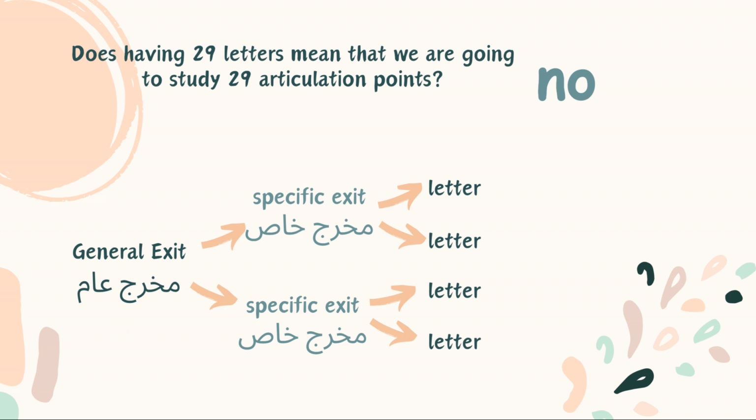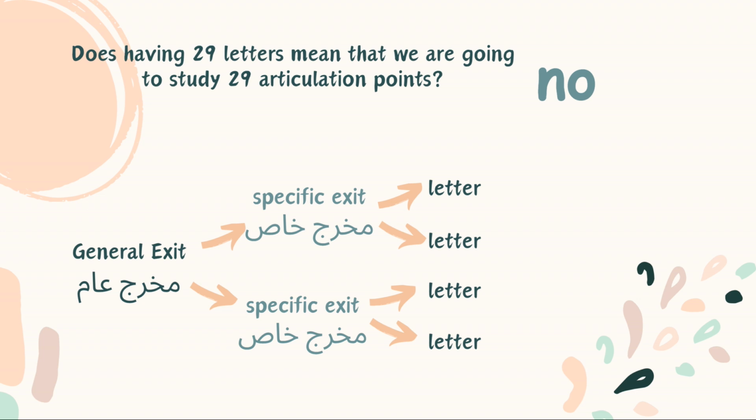Do all 6 letters exit from all the throat? No, they exit from specific exits. So each general exit, let us say the throat, consists of specific exits where different letters are pronounced from. We are going to take this in more detail, inshallah, through our course.